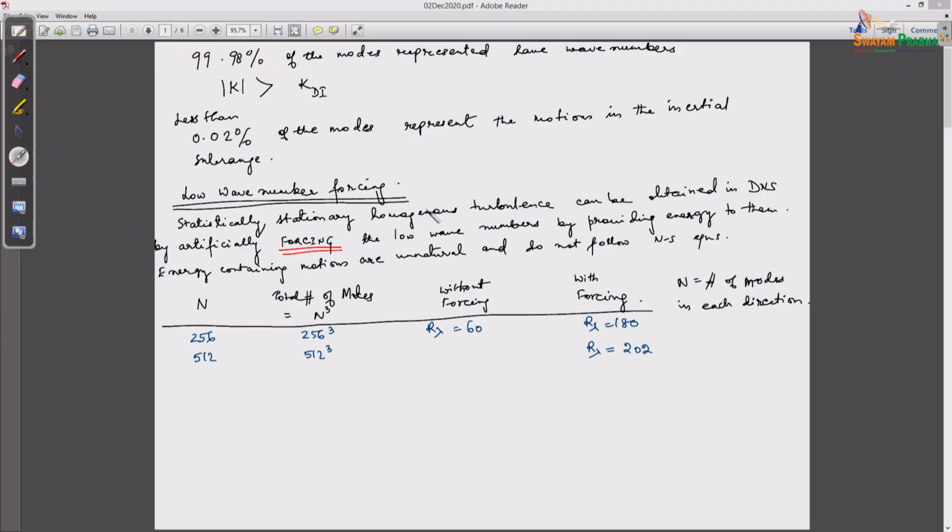So, the one thing that we did was a low wave number forcing, which was interesting. We were definitely able to get forcing Reynolds numbers from 60 to 180.